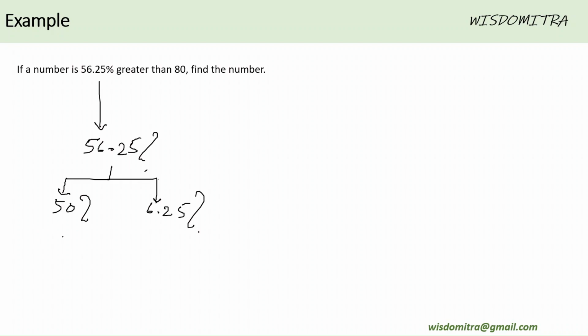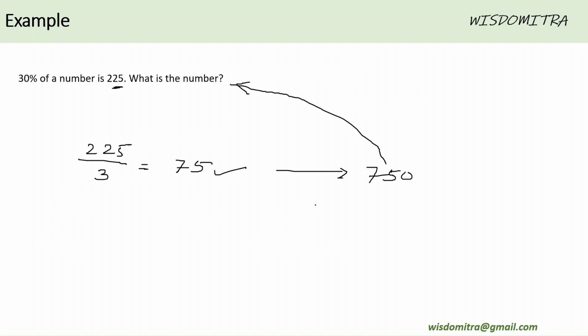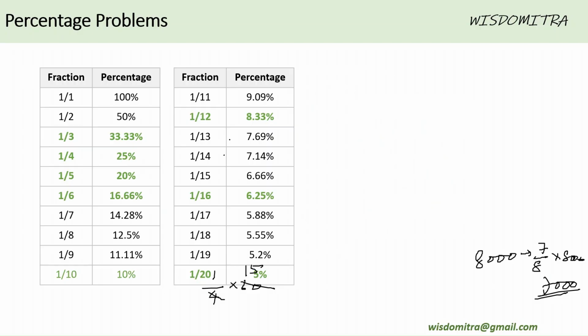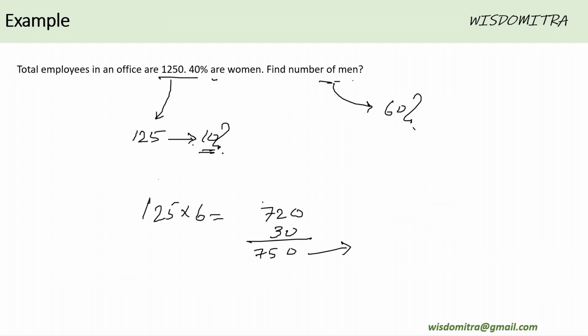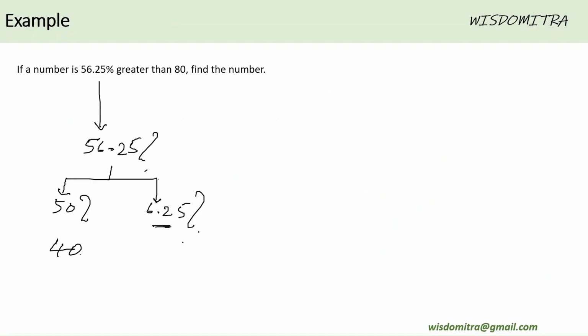So 50% of 80 is nothing but 40. What is 6.25%? 6.25% would be nothing but 1 by 16. Let us see, am I correct or no? You see over here, 1 by 16 is 6.25%. So you have to see that this is nothing but 1 by 16 times of 80, which is nothing but 5. 16 fives are 80.